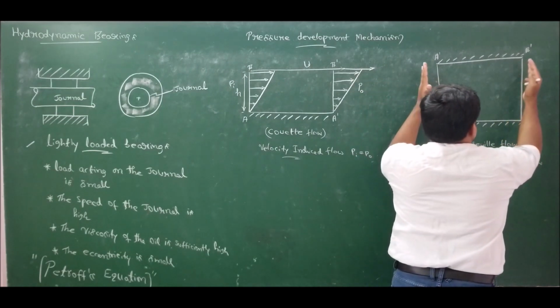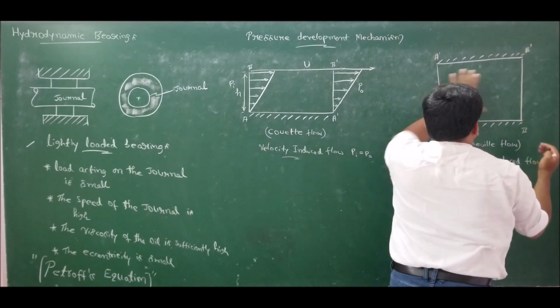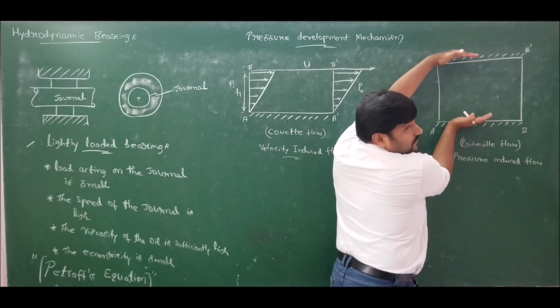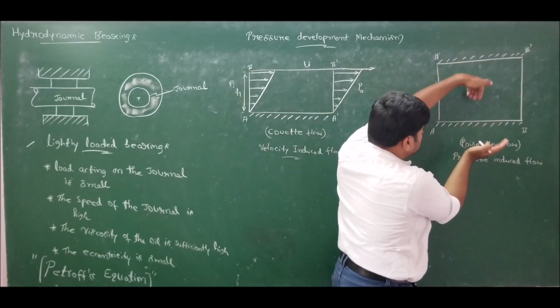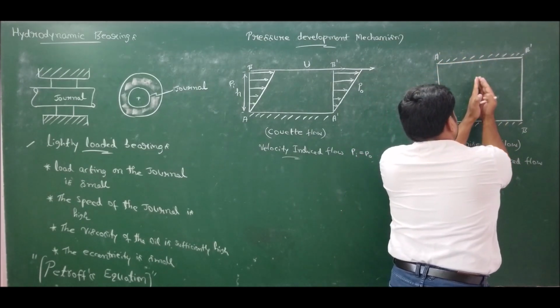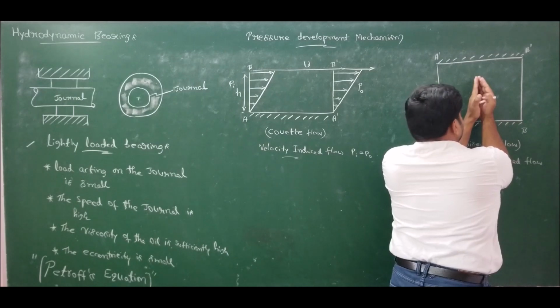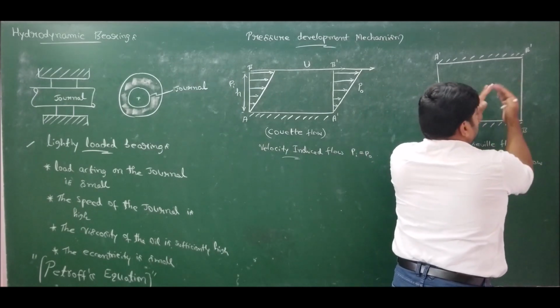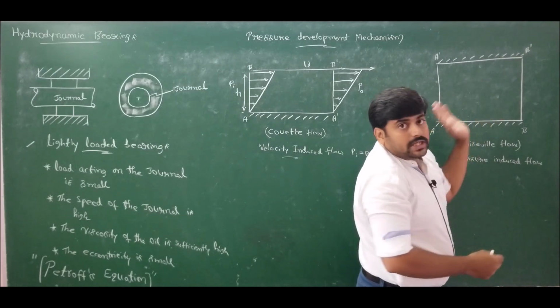Let us say I have some fluid between these two stationary parallel plates. If I press this downwards in the vertical direction, the lubricant will squeeze out like this. Thereby a pressure difference will be created and flow will be induced.